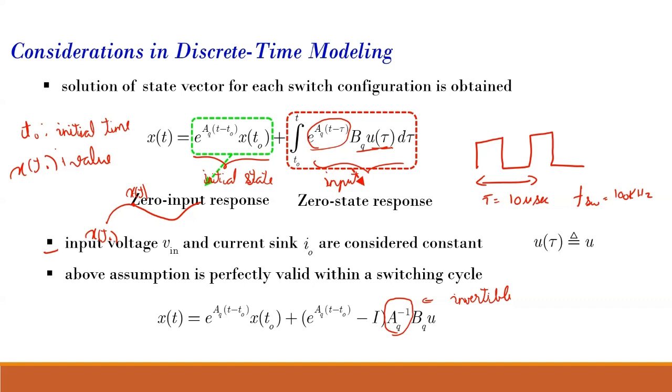So if u of tau is a fixed value, while this integration is happening for a small time instant within the time period, I can substitute u of tau as u, and Bq also is fixed, not changing. So Bq into u is fixed.